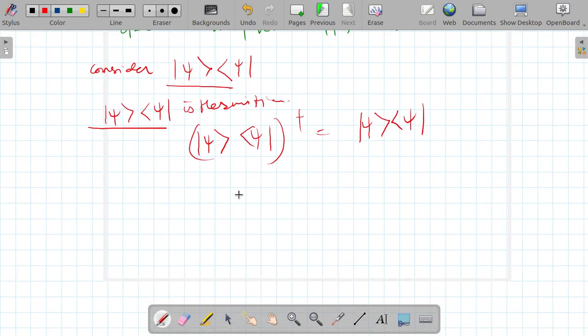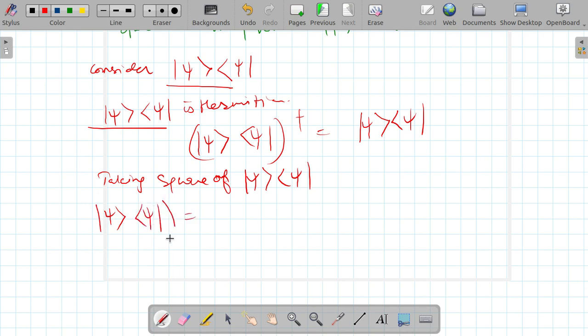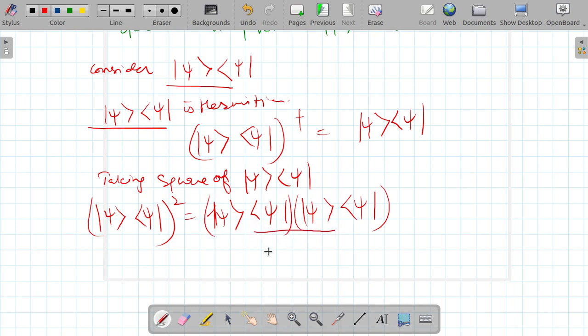One condition is satisfied. Now taking the square of this, it can be written as the two clubbed together, and the order will remain the same, which will not affect the result.